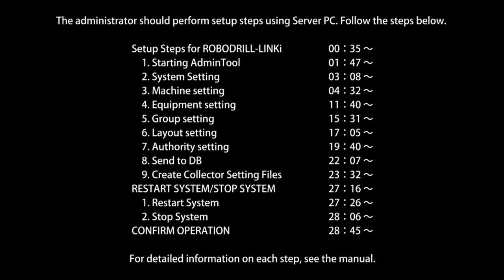Authority Settings. 8. Send to DB. 9. Create collector setting files. Restart system, stop system. 1. Restart system. 2. Stop system. Confirm operation. For detailed information on each step, see the manual.